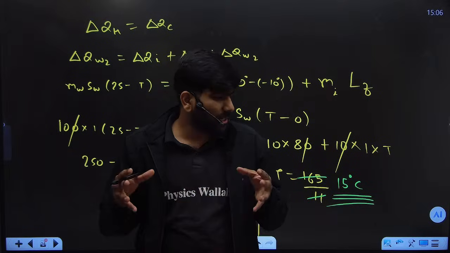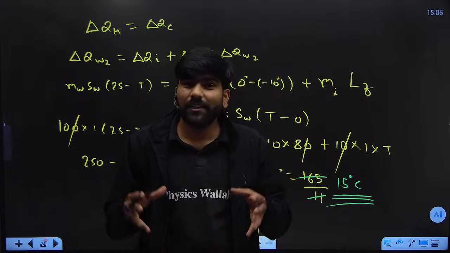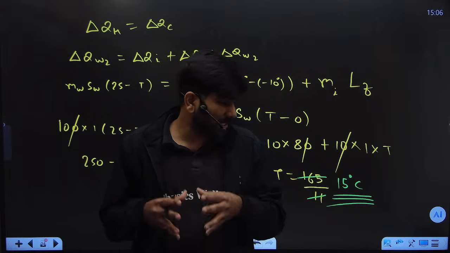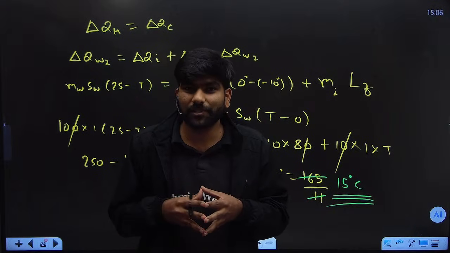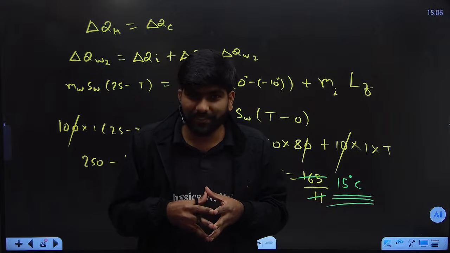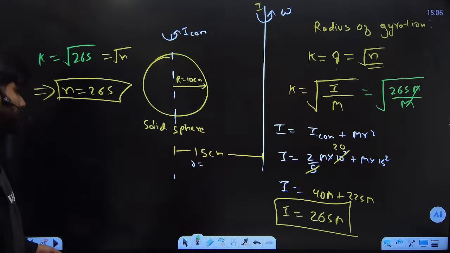Okay, so now that's it. That's it from my side. The overall paper, I will say the physics paper, was of easy to moderate level only. We have seen some easy questions like here, this graphical question, right?